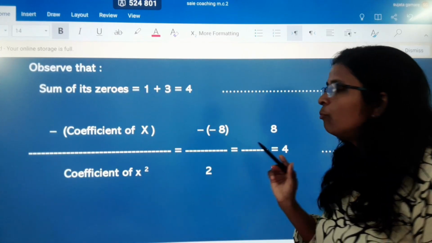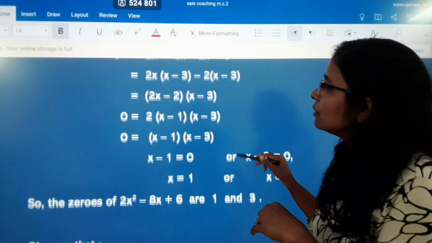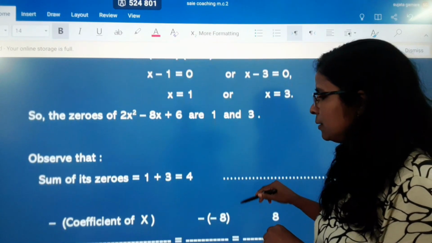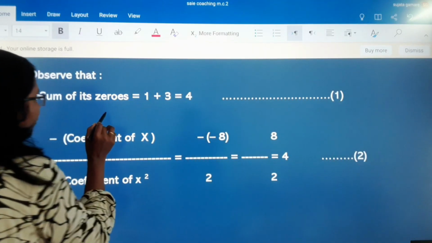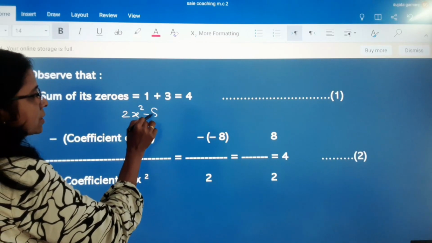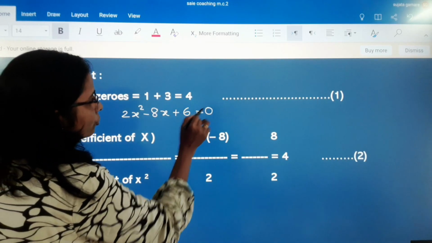Now here our polynomial is which one, that 2x square minus 8x plus 6, which is equal to 0. Okay.